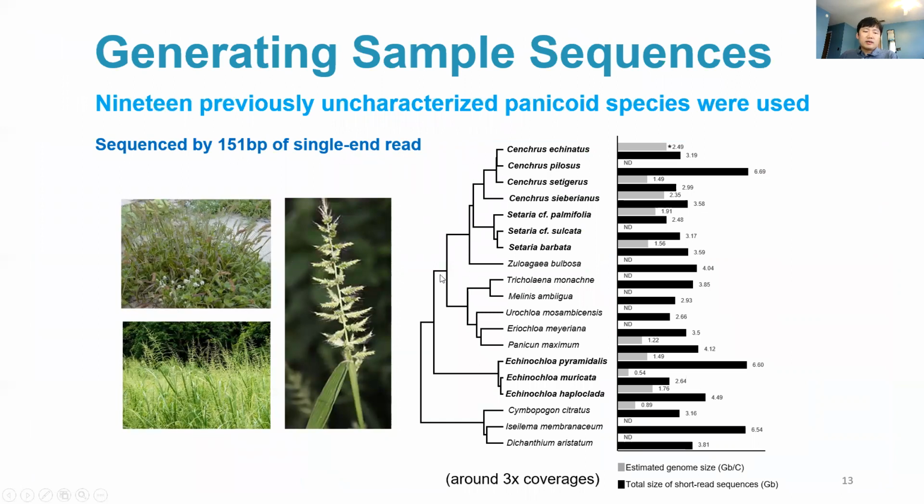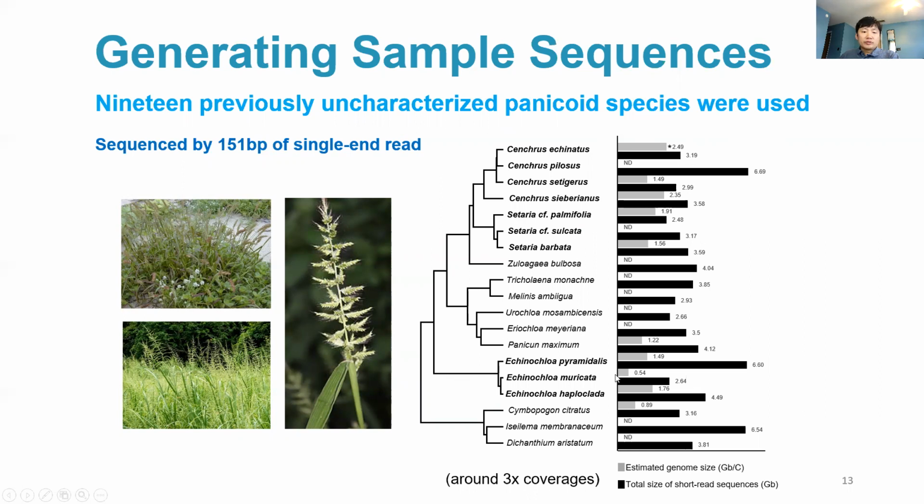To test the method, we generated sample sequences from 19 previously uncharacterized panicoid species. As shown in the picture, the panicoids are grass species, and some of them are known as weed plants of rice.